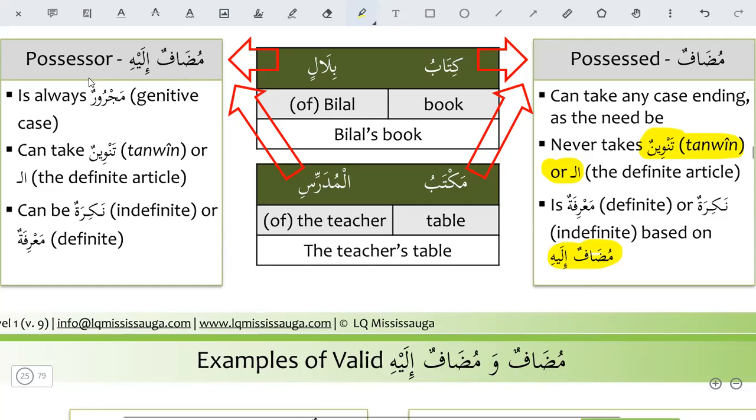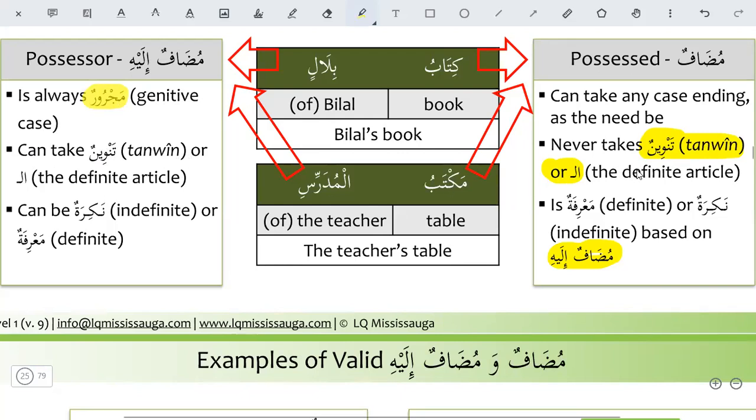Mudaf ilay, the possessor. Now we learn about the mudaf ilay, the possessor. Mudaf ilay is always majrur, genitive case. It can take tanween. We learned here mudaf never takes tanween, but mudaf ilay can take tanween.